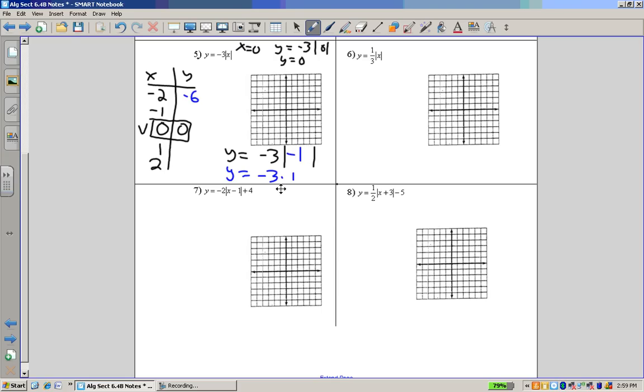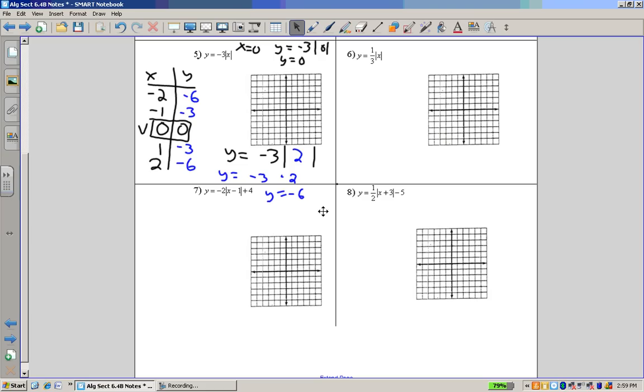So y equals -3. All right, we're going to plug in 1. The absolute value of 1 is 1. And -3 times 1 is -3. Okay, plug in 2. Absolute value of 2 is 2. -3 times 2 is -6.